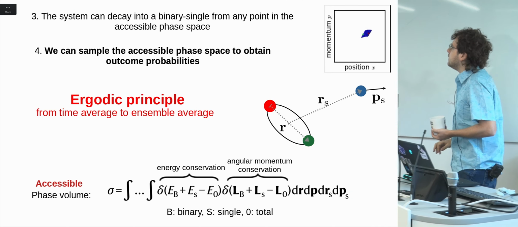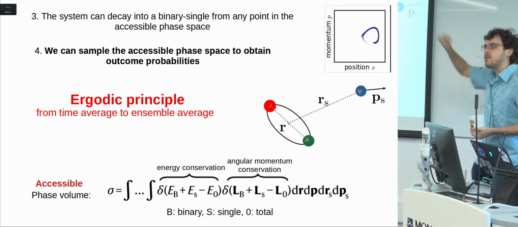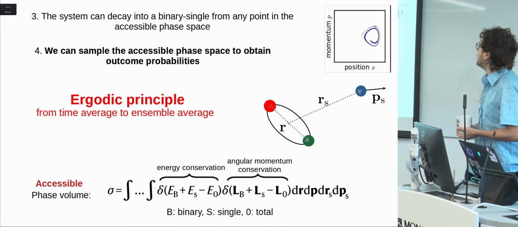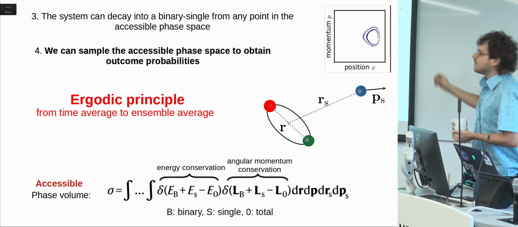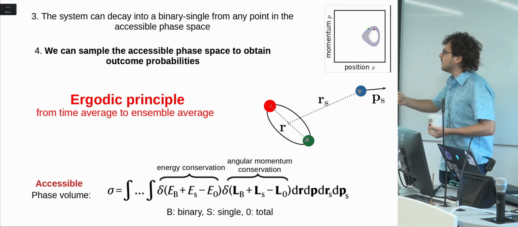We can simply expect that as the system explores the available phase space due to the chaos of the interaction, at some point it will have to decay into a binary and a single.